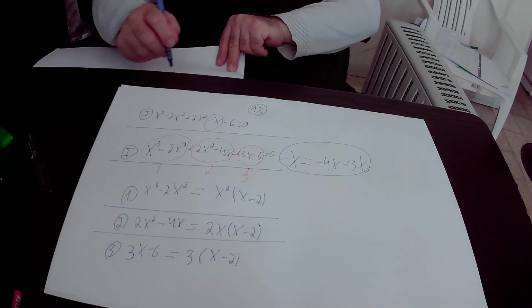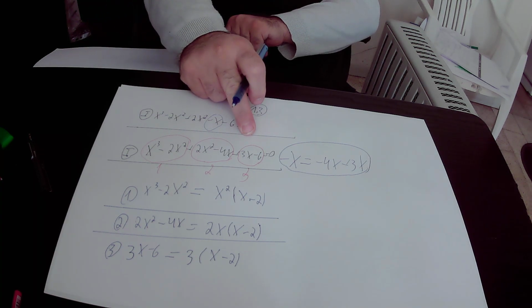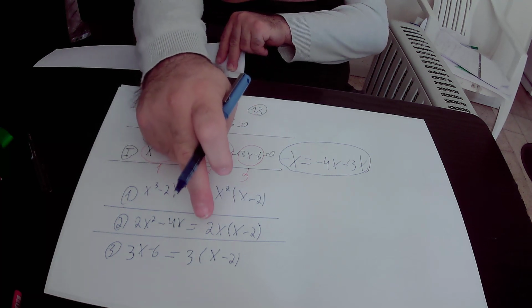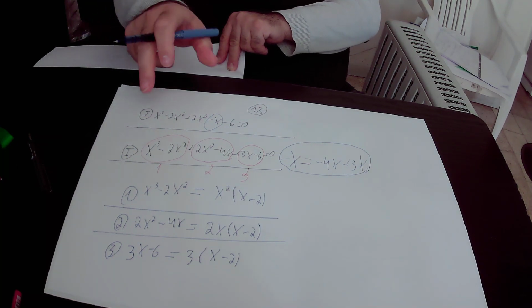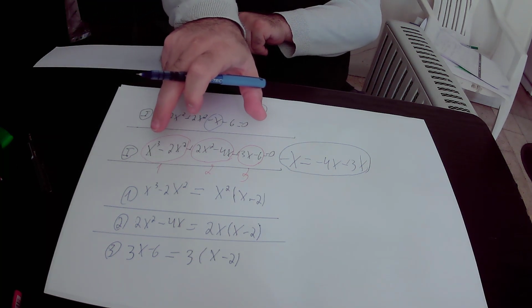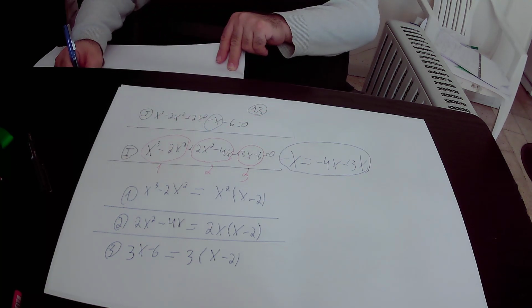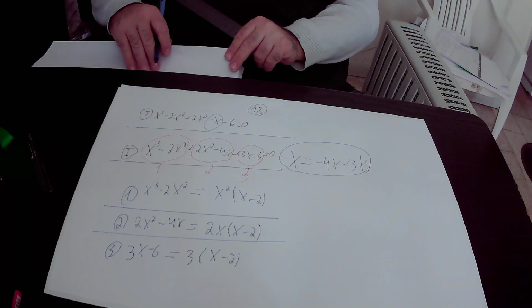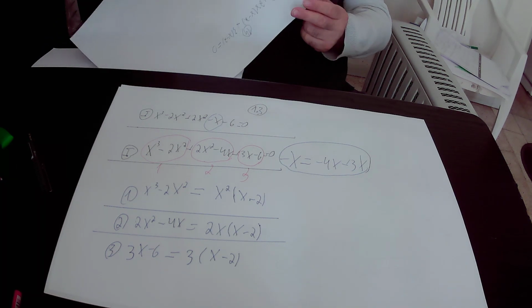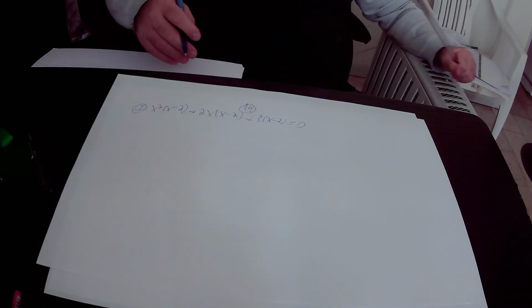And we will substitute expression number 3, 3x minus 6, by 3 times x minus 2. Those three expressions together equal 0. So in total we got this equation number 1.